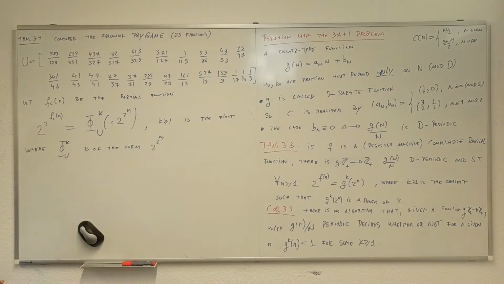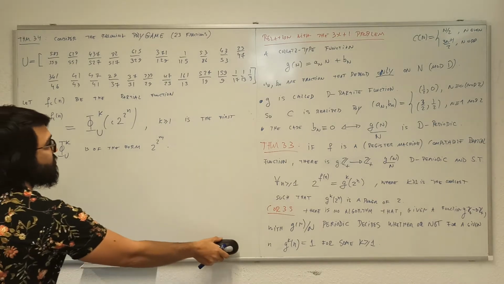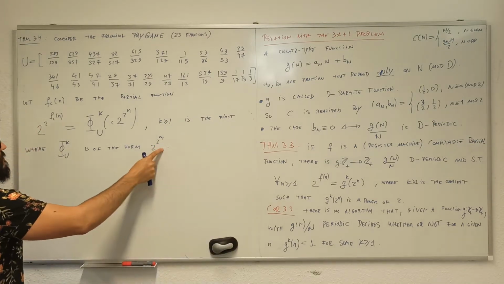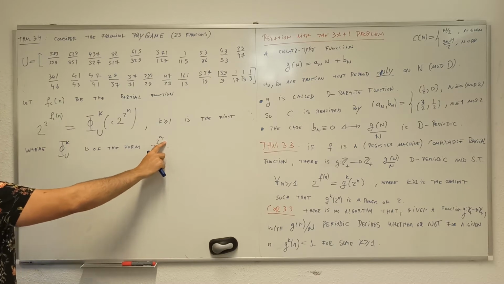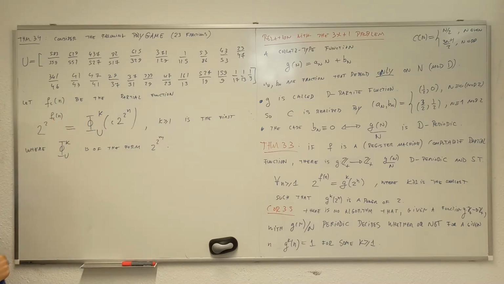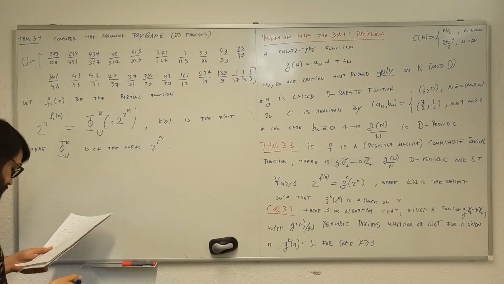So you iterate until you get the first number of this form, and whenever you get it, this m is defined as f_c of n. Okay, and if you don't get it, then you don't define f. That's why it's partially defined.